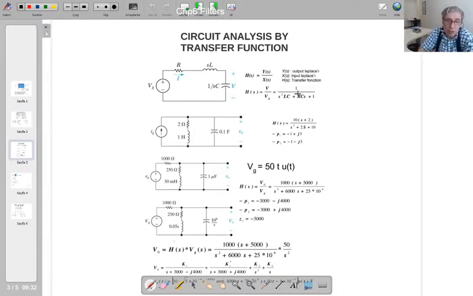Consider this circuit. If the output is the capacitor voltage, I can define a transfer function here. These elements are connected in serial, so the equivalent impedance is going to be R plus SL plus 1 over SC.